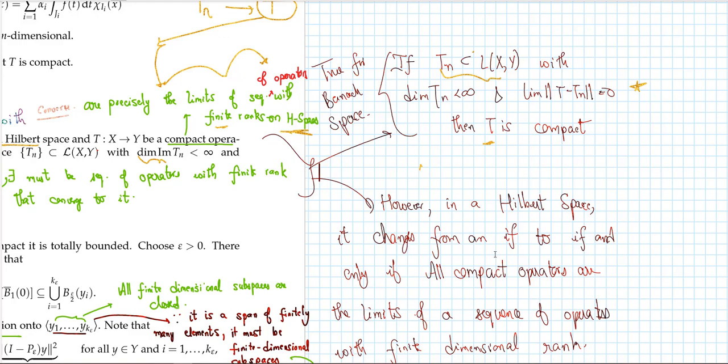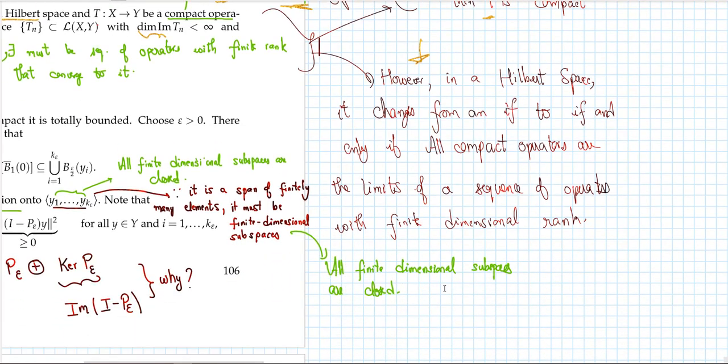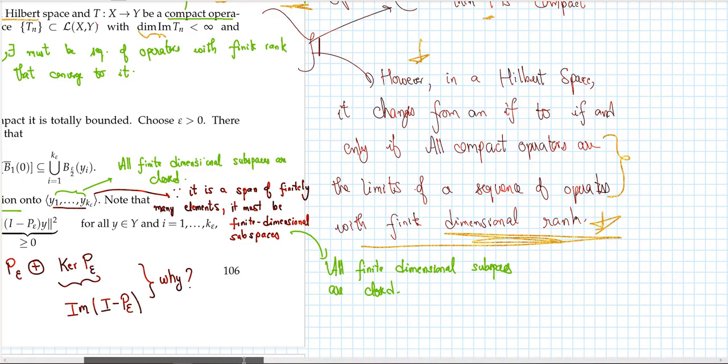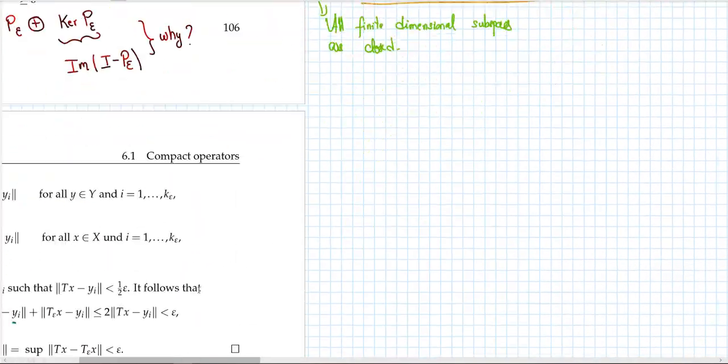However, for Hilbert spaces, it changes to an if and only if condition. That is, all compact operators are the limit of sequence of operators with finite dimensional rank. So that's one point.